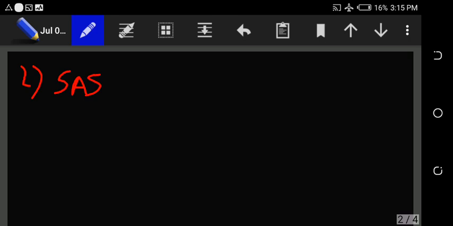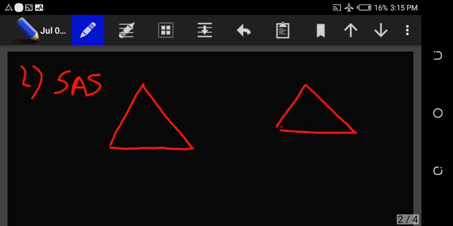So when we have two given triangles, in this case let's say we have this triangle here and this other triangle here. Let's label them.